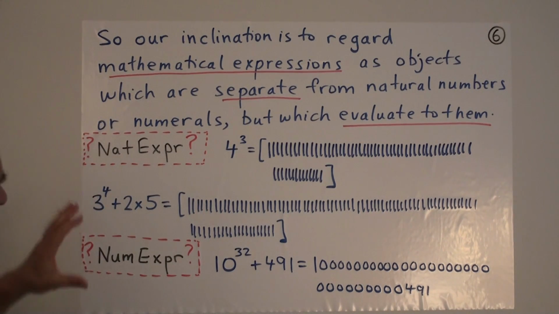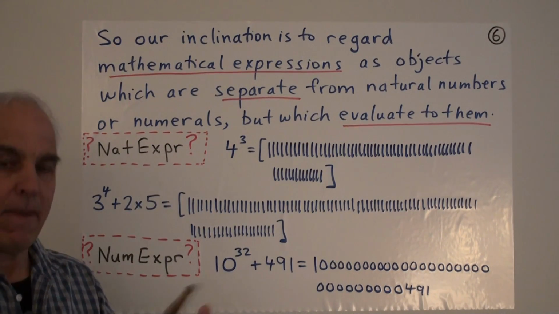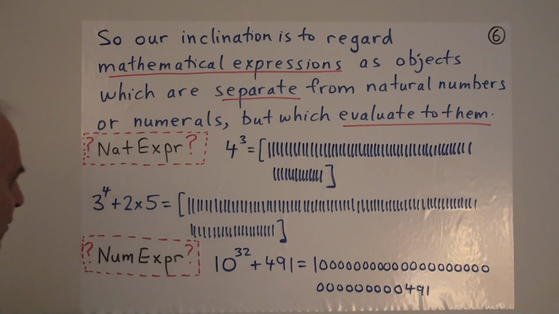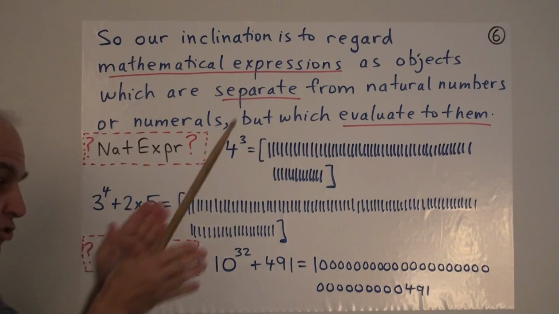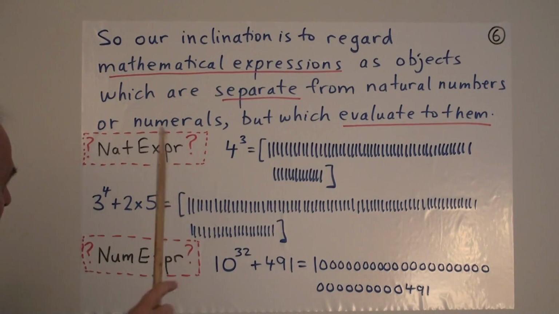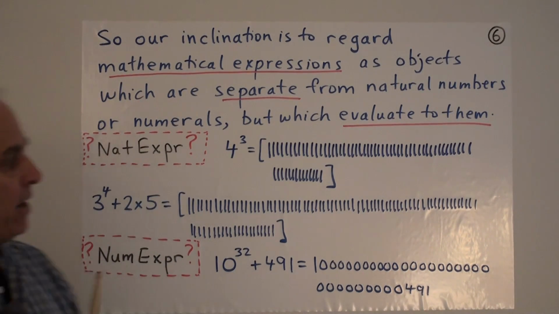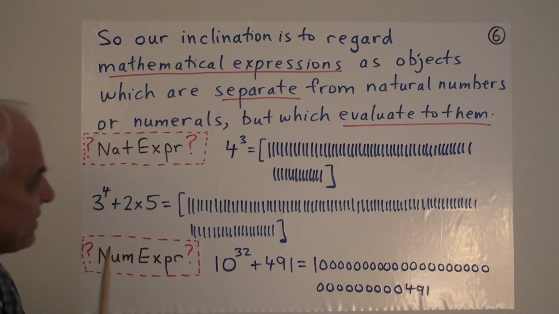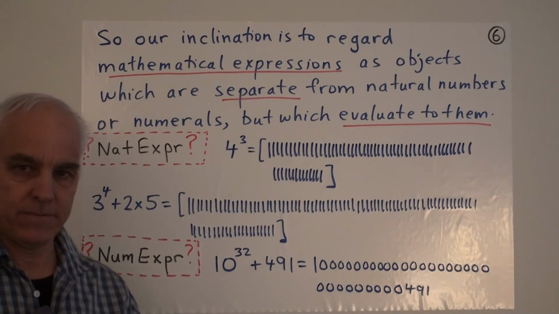So for example, here are some possible approaches to introducing some kind of framework for mathematical expressions. All right? So this is not a proper setup. This is just a possible direction that we might want to go in. So one approach to something, say, that we might call nat expression, is to consider something like 4 cubed.